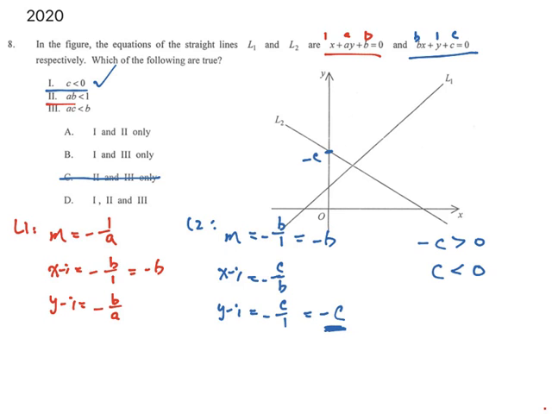Next, look at 2. AB less than 1. For this, we cannot just see one term; we will see both terms with A and B. Since it relates to A and B, we will see A and B independently first. Look at line 1: the slope is positive, you see it's going up, so negative 1 over A is greater than 0.